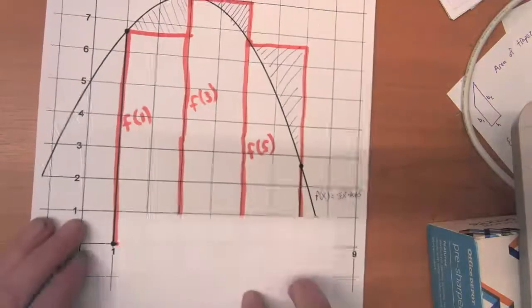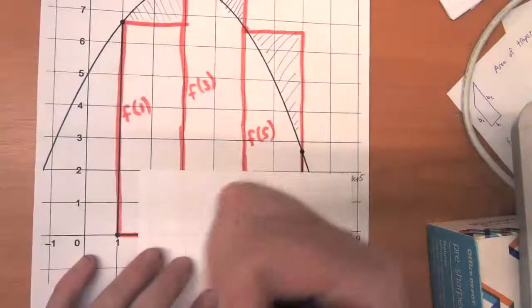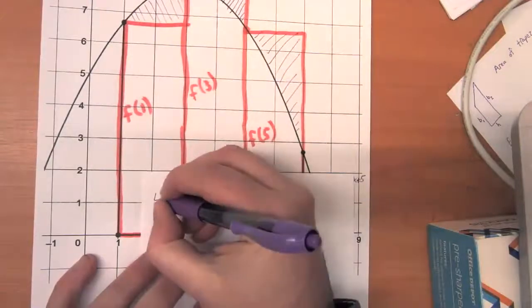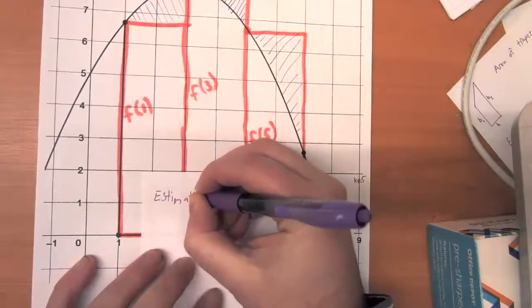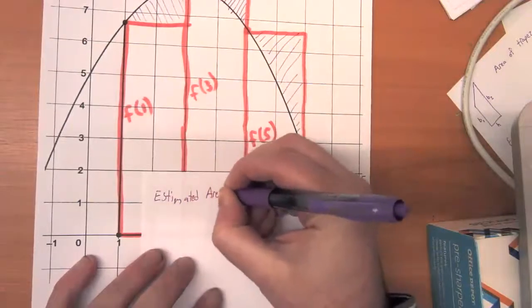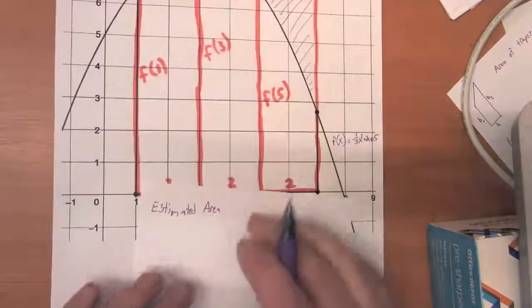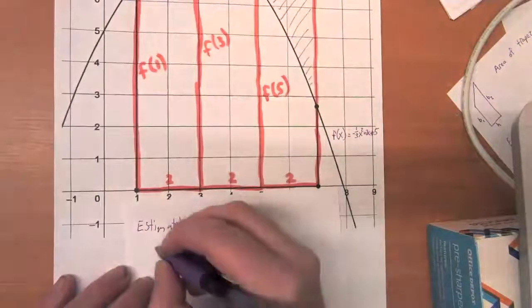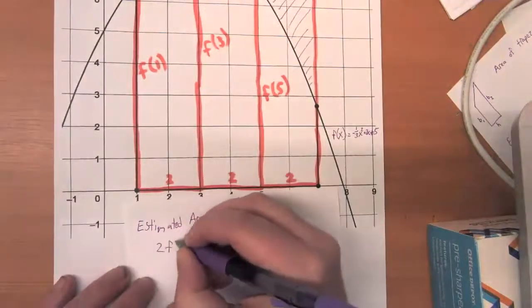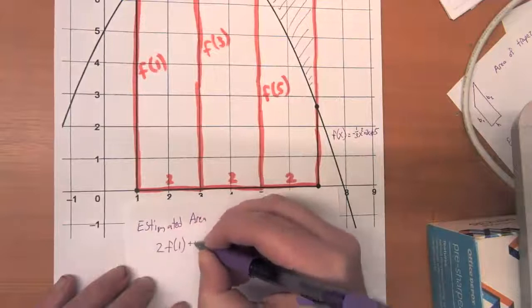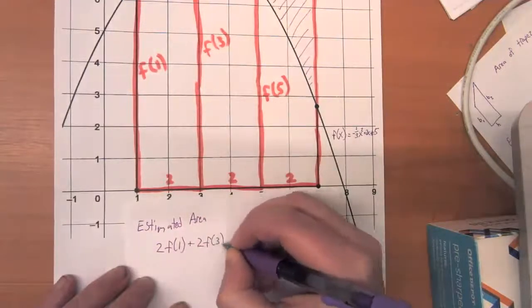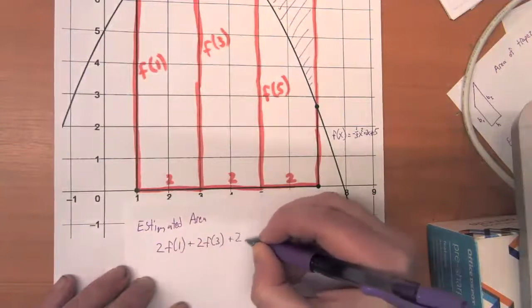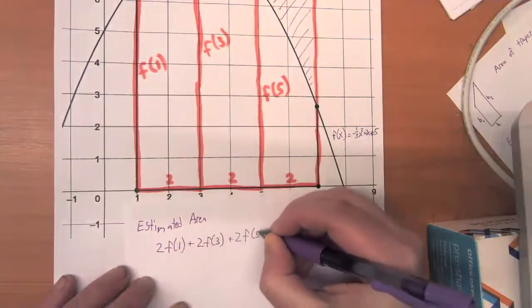Okay, so the estimated area is, this rectangle is 2 times f of 1. And the second rectangle is 2 f of 3. And the third rectangle is 2 f of 5.